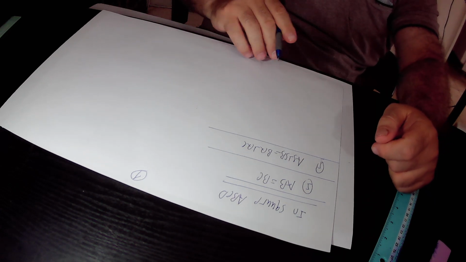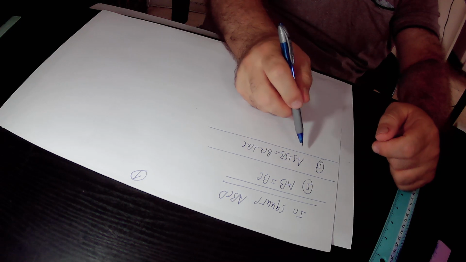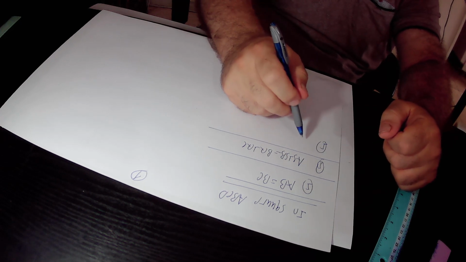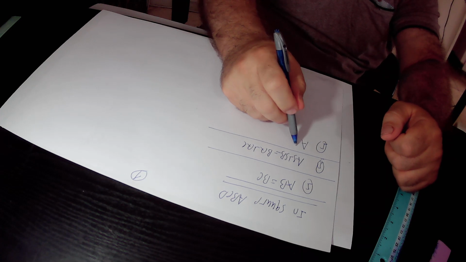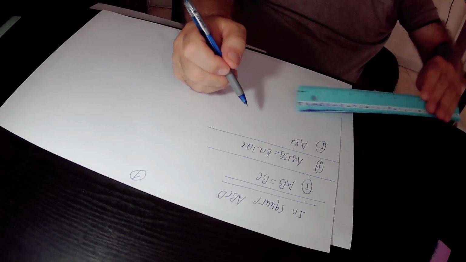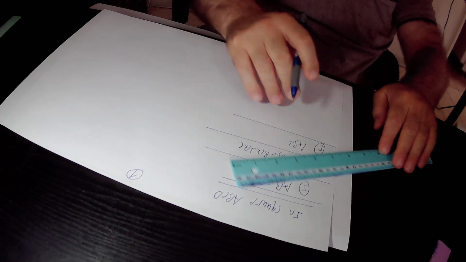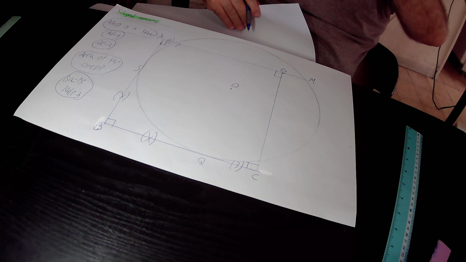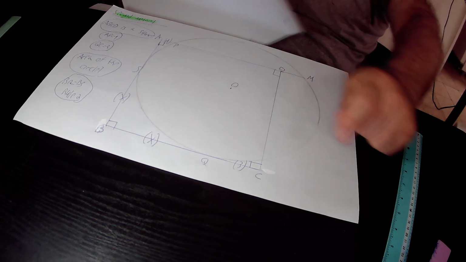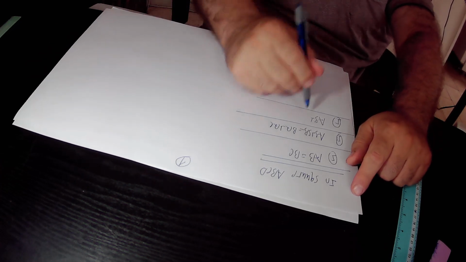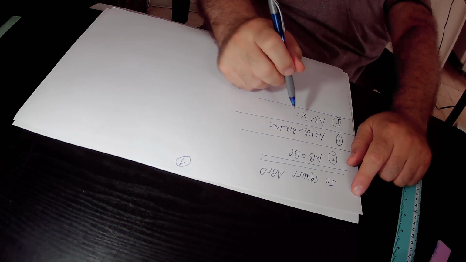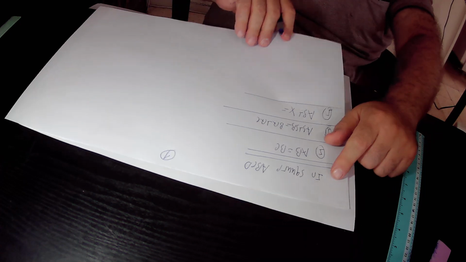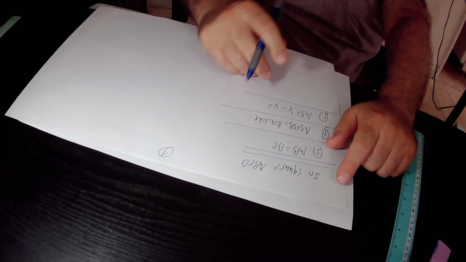So in total, according to equation 1, we found out that AS plus SB equals to BQ plus QC. AS is the missing side, so we'll leave it as it is. SB equals to X and it is equal to BQ. BQ also equals to X, plus QC.